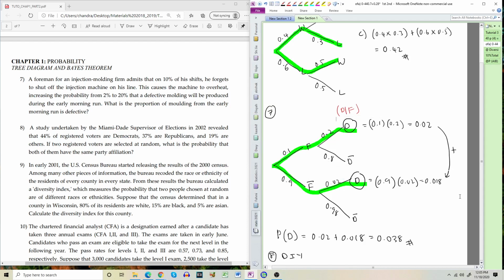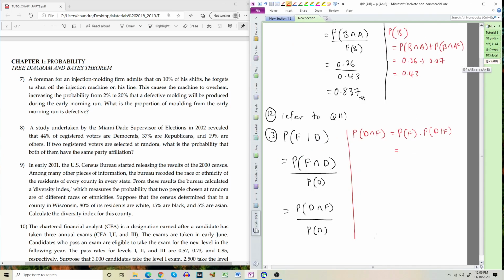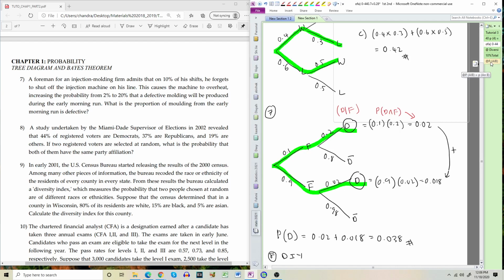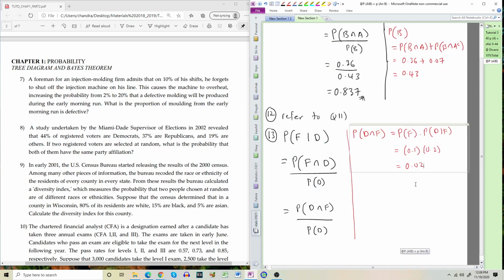So this is your answer, actually, 0.02. So 0.1 times 0.2, you will get 0.02. Then I just want to double check. Yeah, D and F is 0.02.